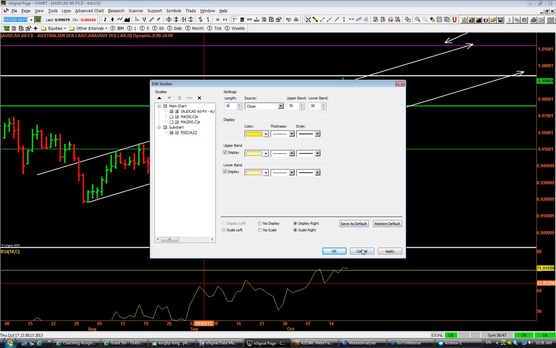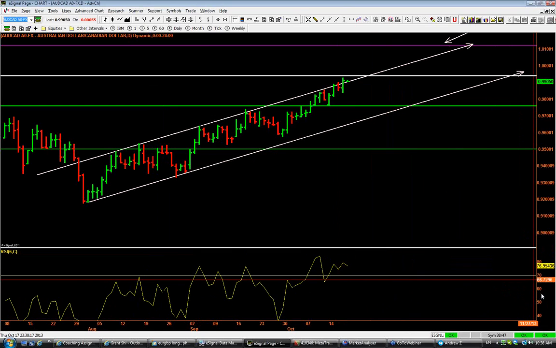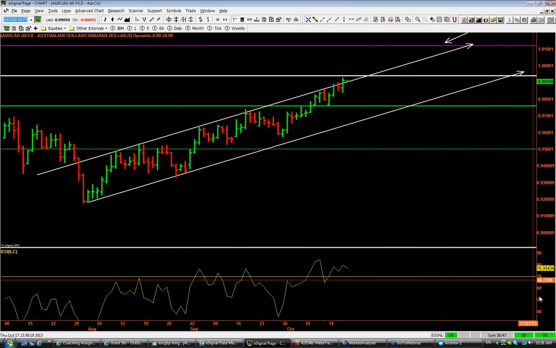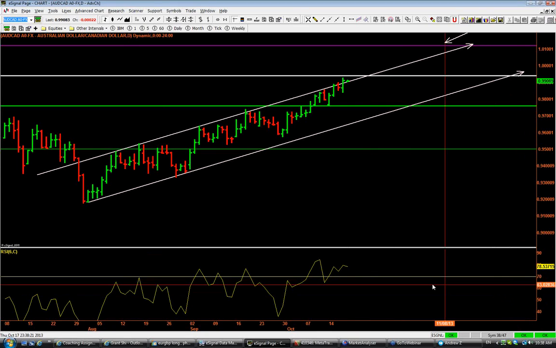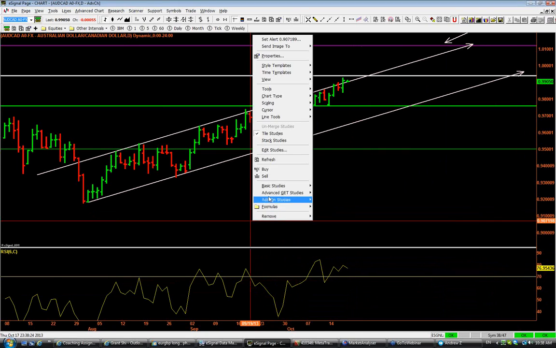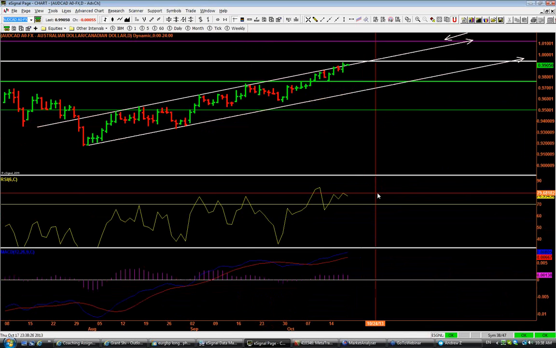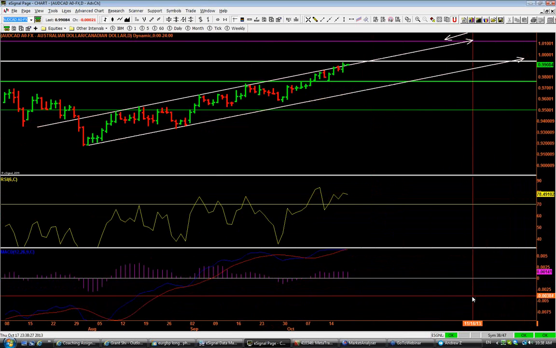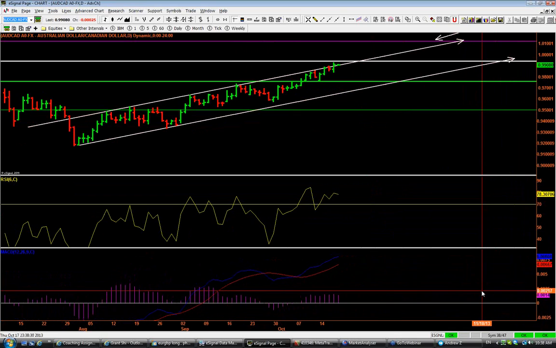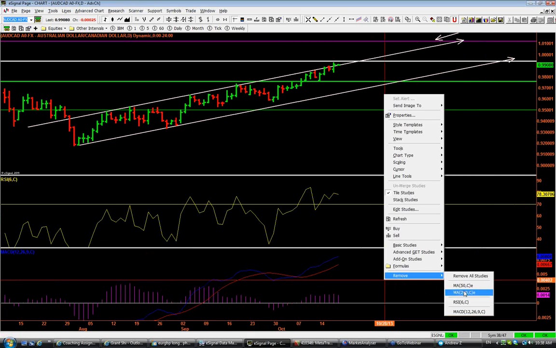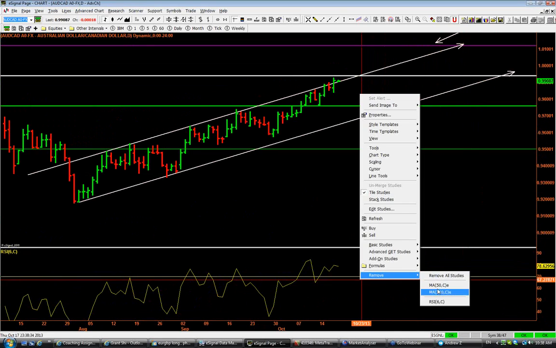Maybe you can see the divergence. Yes, a little bit of divergence here. Let's add MACD. MACD is still quite bullish, right? Still quite bullish. So I just remove the indicator here.